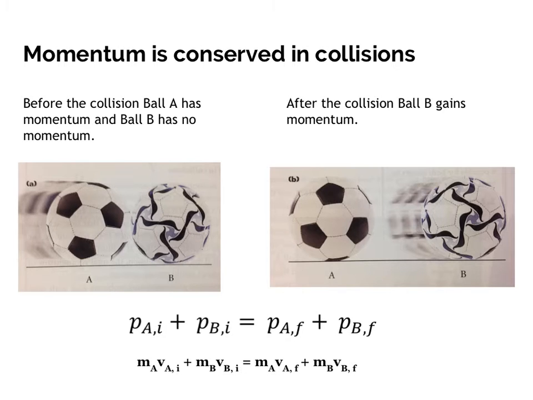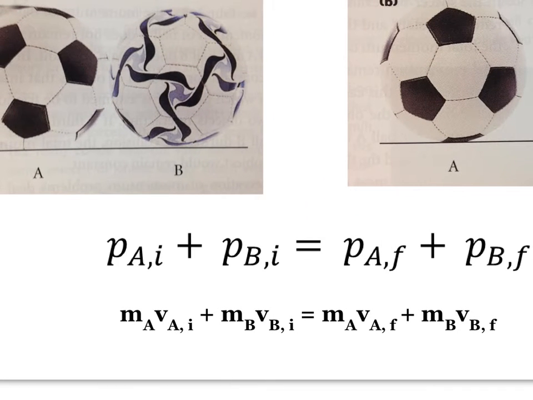So if you look at this equation down here, we have the mass of ball A times the velocity of ball A, that's initially, added to the mass of ball B times the velocity of ball B initially, which is going to be 0 because the velocity of ball B is 0 at the beginning. That should be equal to the mass of A times the velocity of A final, whatever the final velocity is, plus the mass of B times the velocity of B final.